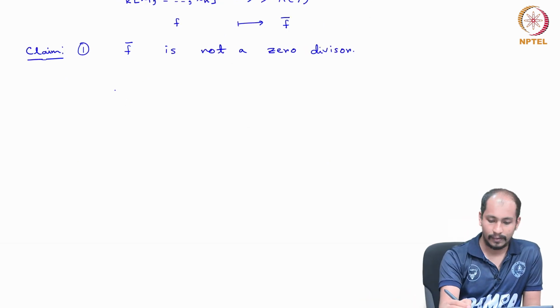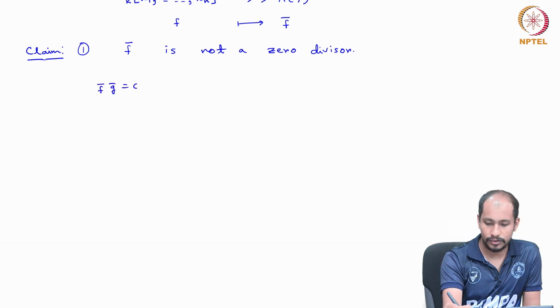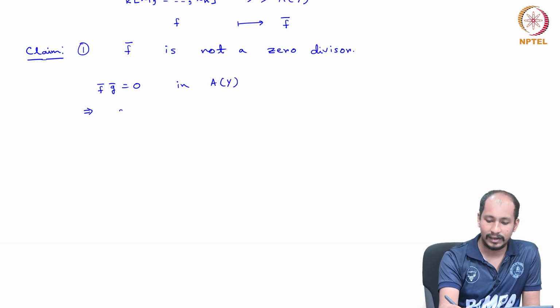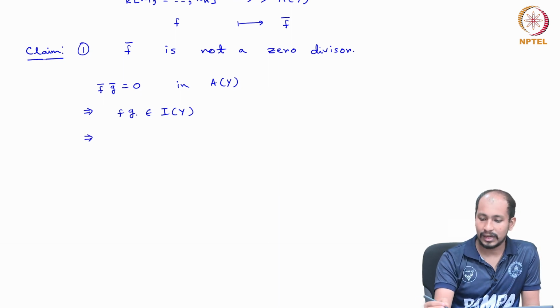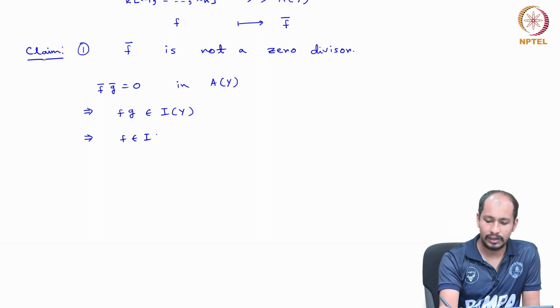Okay. Now suppose F bar times G bar equals 0 in A(Y). So this implies that F times G is inside I(Y). Now because I(Y) is a prime ideal, F belongs to I(Y) or G belongs to I(Y).